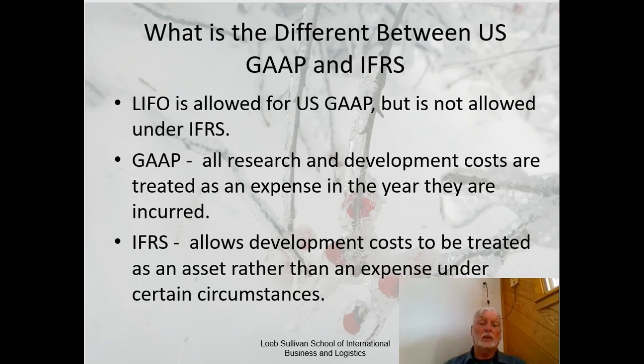IFRS allows some development costs to be treated as an asset, so capitalized, and then expensed over the life of the newly developed drug, in the example I'm using. Really different treatments, and results in really, really different numbers, or different financial statements. So that's a big difference between GAAP and IFRS, and that's been one that's been really hard to close, because there's lots of people on each side of the equation that would like to keep things the same as opposed to changing it. So IFRS doesn't want to change to be more like GAAP, and GAAP doesn't want to change to be more like IFRS in that case.